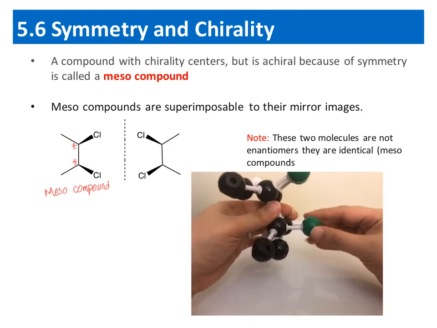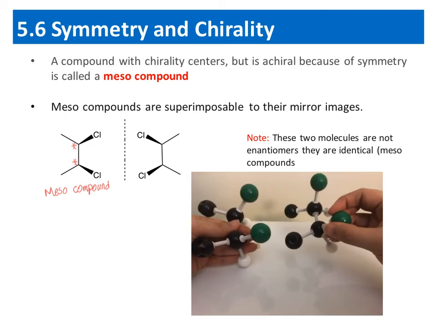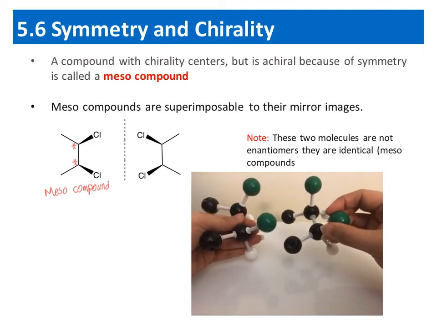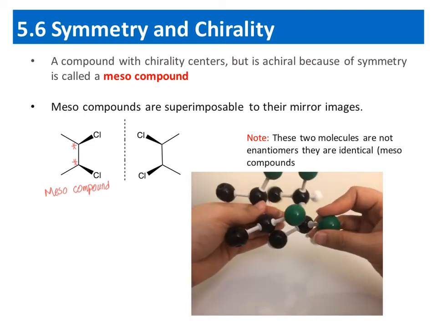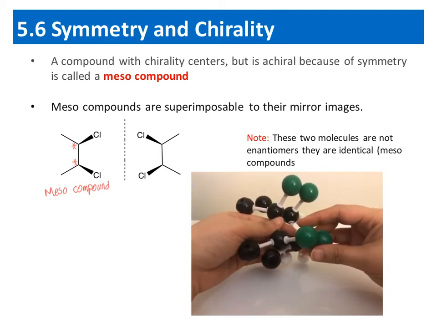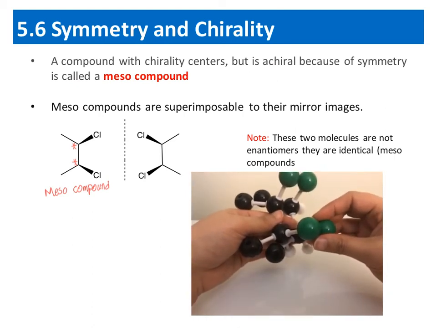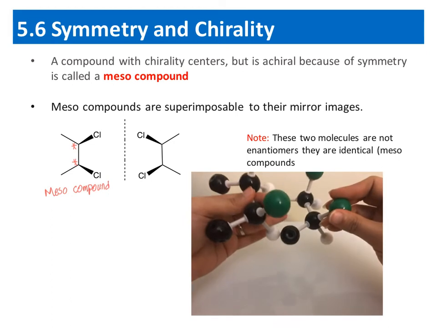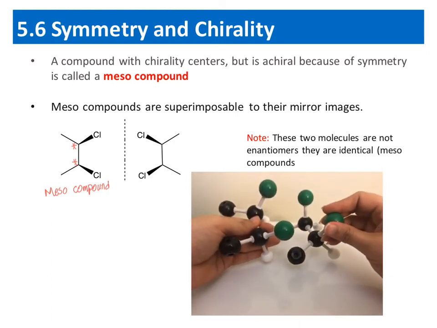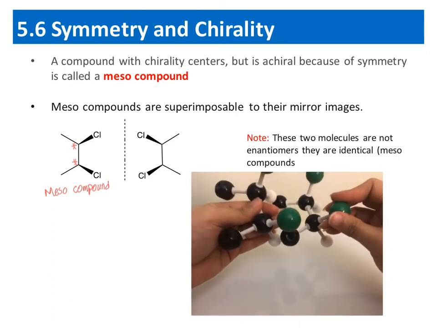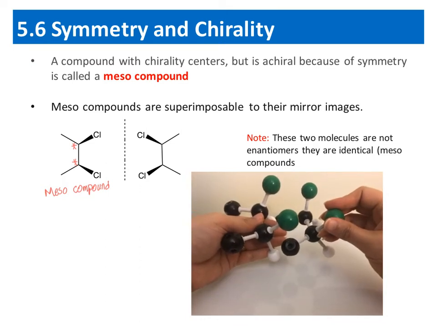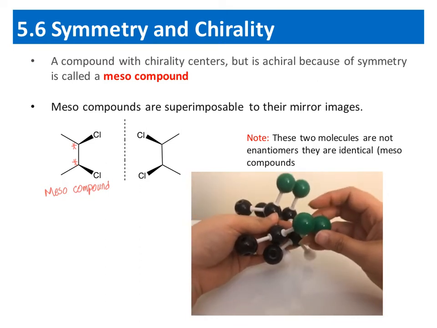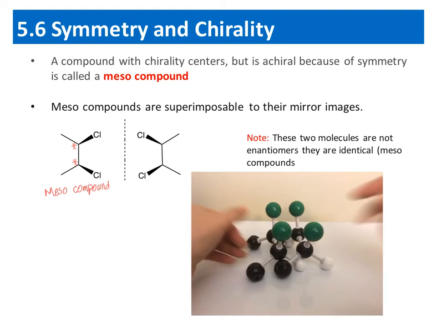That means these two compounds are identical. They are the same compound because they are superimposable on top of each other, meaning that a meso compound cannot have an enantiomer. You cannot draw a mirror image for that. Its mirror image would be the same molecule. So have this in mind and make a note of that.